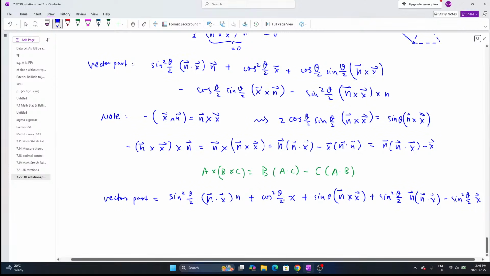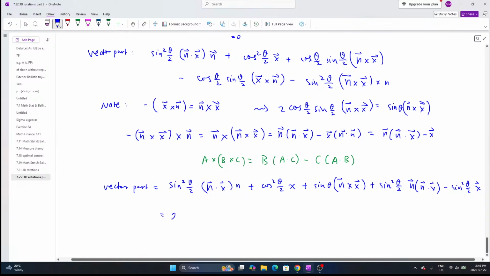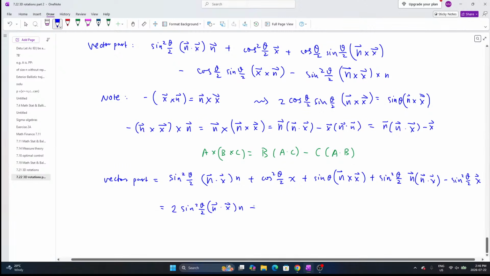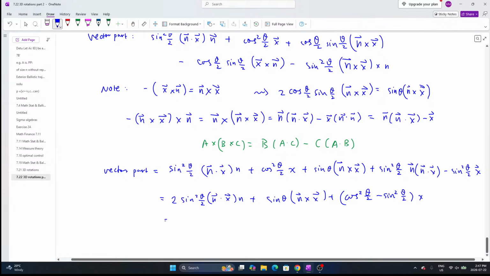All right, so it looks like we need to use the double angle formula. So first of all, you get 2 sine square half theta N dot X times N. And then plus sine theta N cross X. And finally, cosine square theta over 2 minus sine square theta over 2 times X. Okay, so use trig identities.